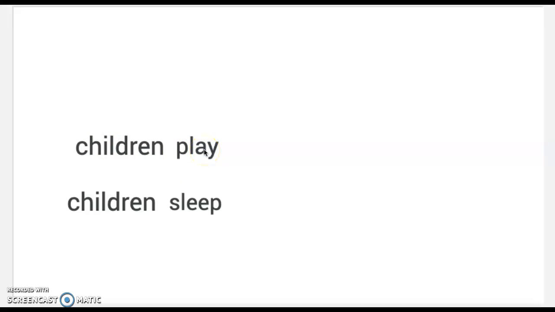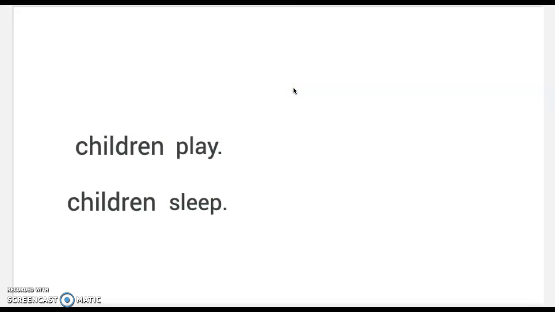But you're right. These, just the way they are, can't be a sentence, because what do we need? What does every sentence have? Yep, punctuation. So right here, we need to add a period. Yep. So we'll throw that in. Children play and children sleep.